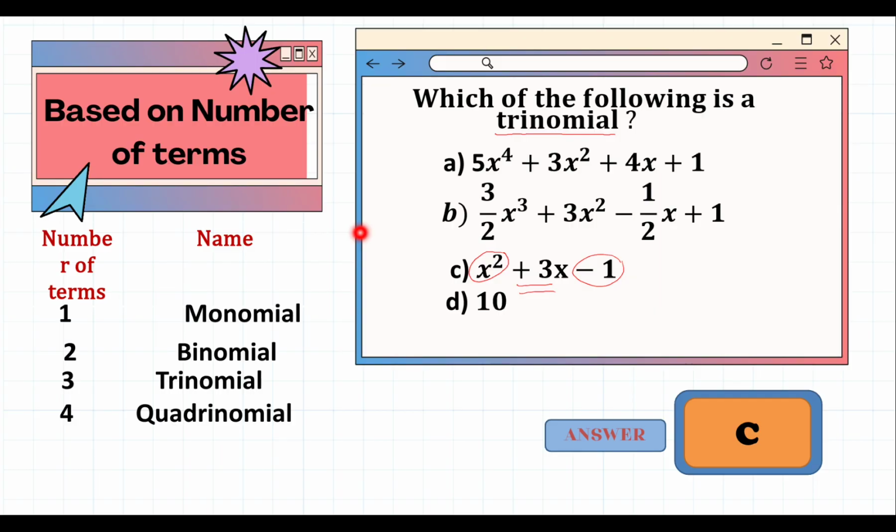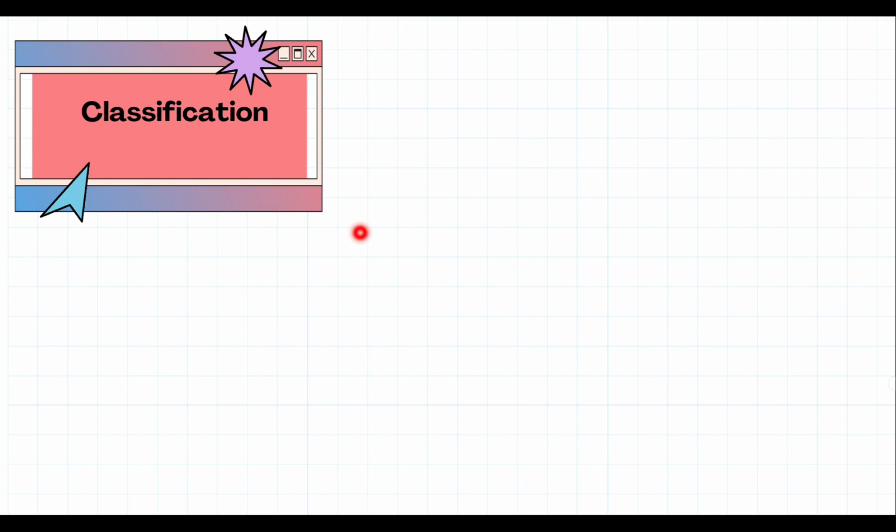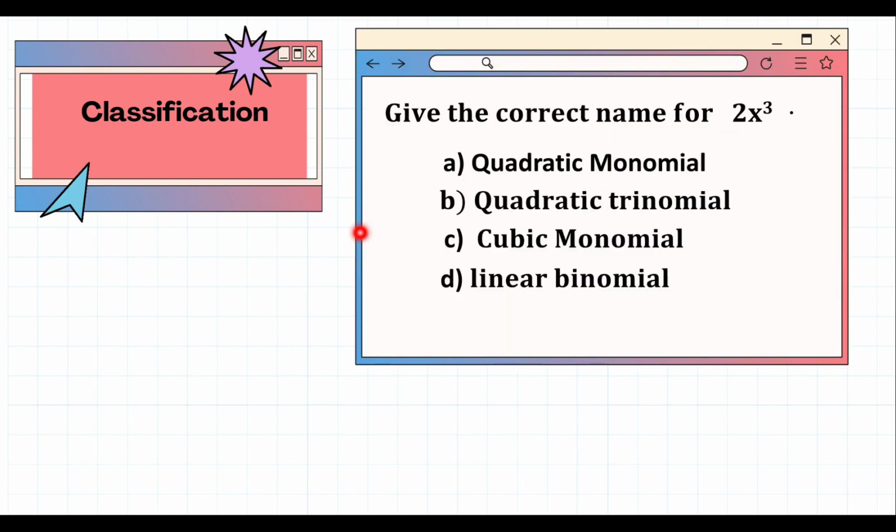All right? So we have their classification based on the number of terms and the degree of the polynomial. Thus, how would you name 2x cubed? Give the correct name for 2x cubed. Is it a quadratic monomial? Is it a quadratic trinomial? Is it a cubic monomial?